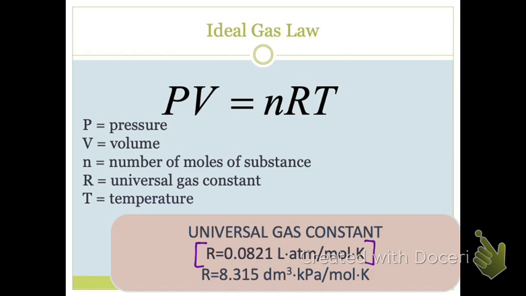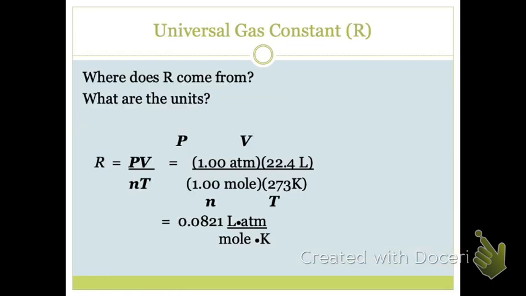Okay? So I want to show you how the units for R came about, right? We're going to put in all the things that we know about 1 mole of a gas at STP. If I rearrange my original equation to solve for R, PV equals nRT, I divide by nT on both sides, and that gives me R equals PV over nT.